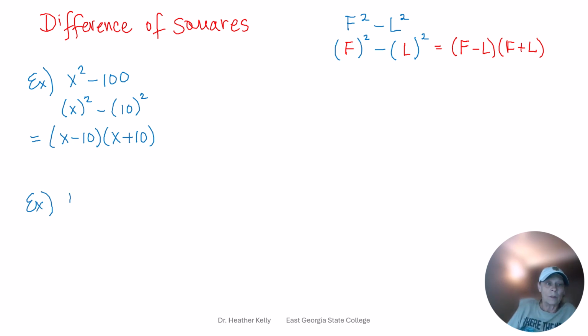Let's do another one. 4x squared minus 121. Now, I do find it's always a great idea to rewrite the problem, especially when it is not absolutely direct, in this form here, because we need a 2 and an x to get a 4x squared and an 11 to get a 121.